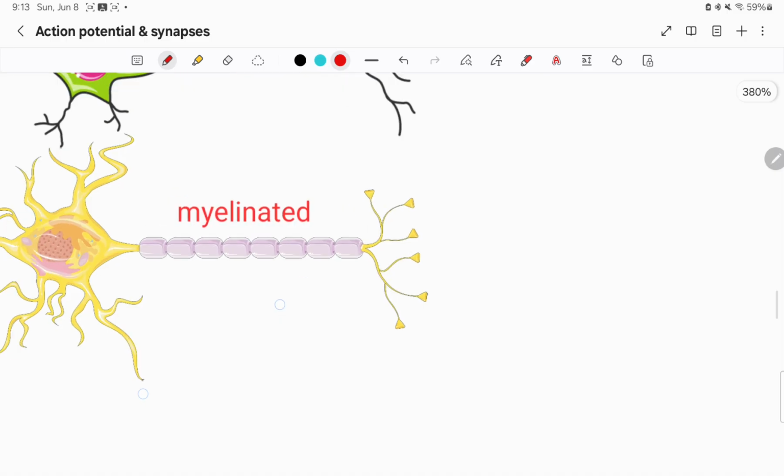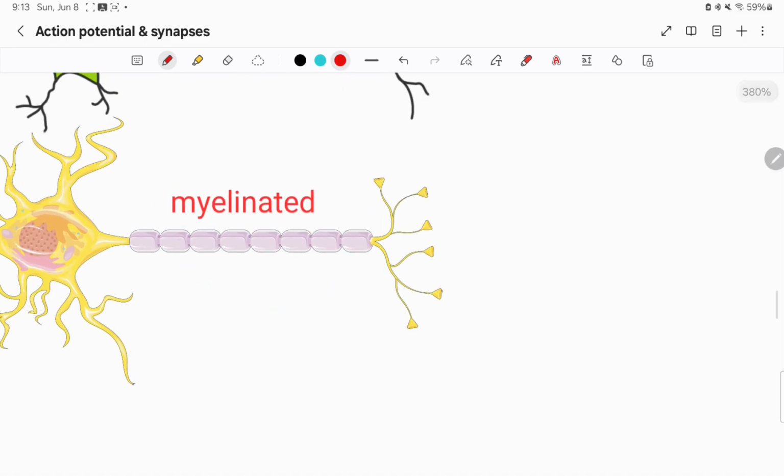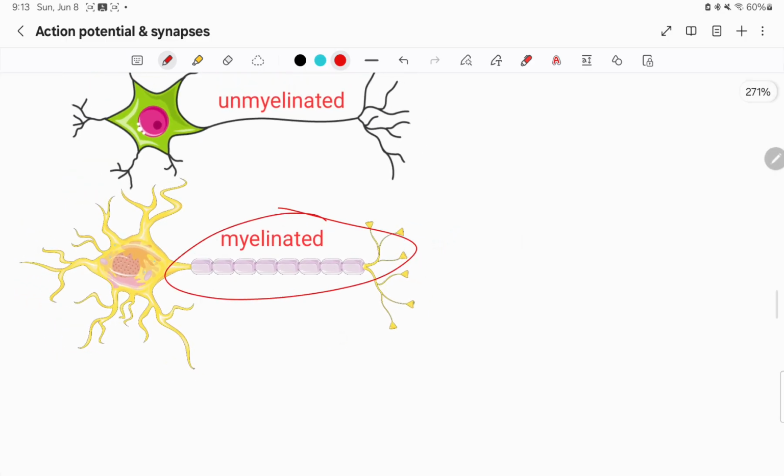And if somebody were to look at this saltatory conduction, what they would notice is that the action potential seems to be jumping from one node of Ranvier to another node of Ranvier. And we'll talk about why this phenomenon seems to be occurring. And finally, the other thing is that this myelinated neuron has a very, very low concentration of voltage-gated channels on it. What do I mean by this?